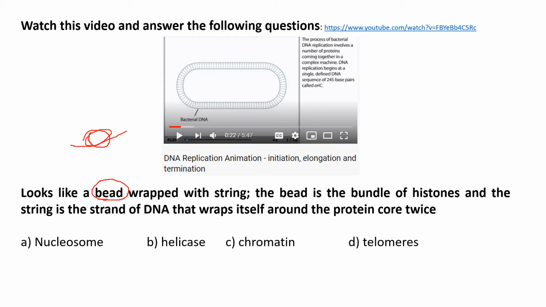So the DNA goes like this, bundled to the histones, and the string is DNA that wraps itself around the protein core. That is a very easy question. Think about it, and in the next slide, I will give you the answer.